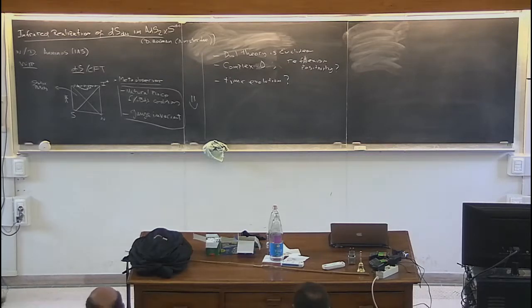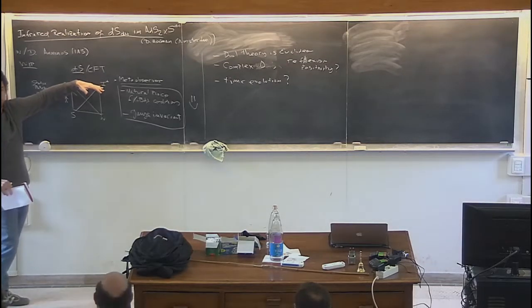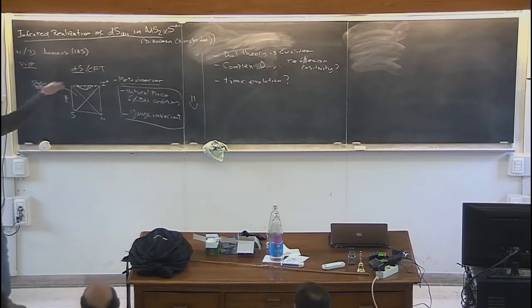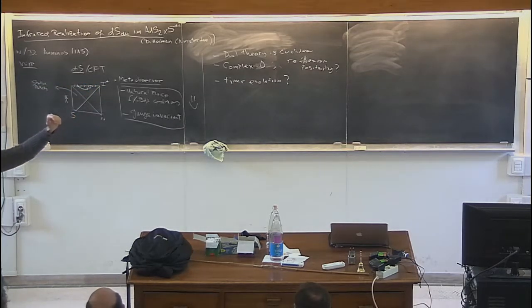But what I'm saying is that here near scri plus is where you have a very large number of degrees of freedom. So you would suspect that that's the UV.